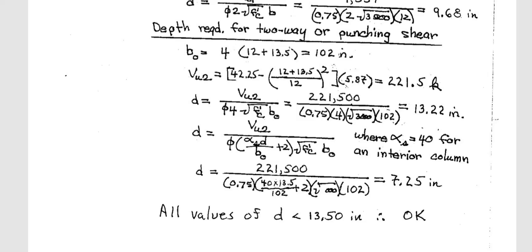At that time we use the exact d here and then solve for d. But here there is a big gap, 13.5 versus 7.25, so we will not do it. Just to let you know, in most cases this criterion doesn't win. The other is mostly the winning criterion. So we can conclude that our provided d of 13.5 inch is good, because in other cases we need less. So our design for shear is done.